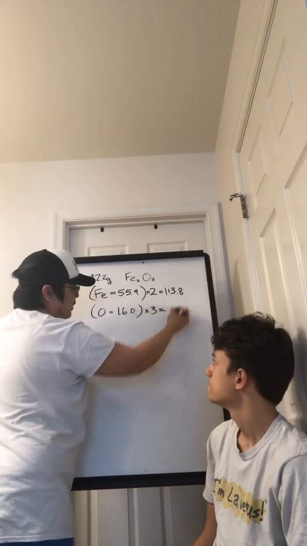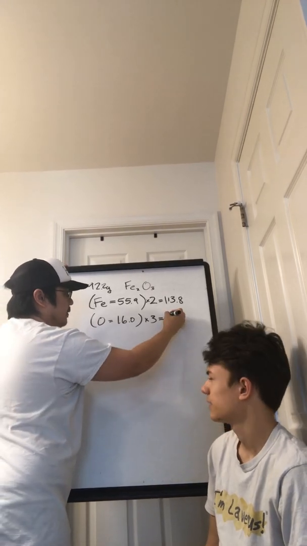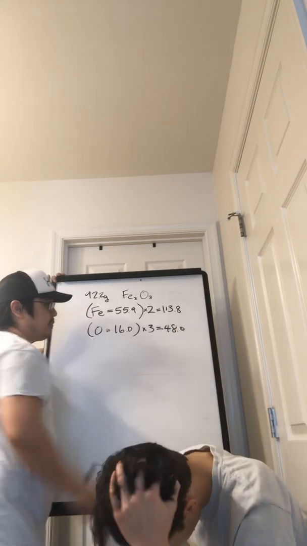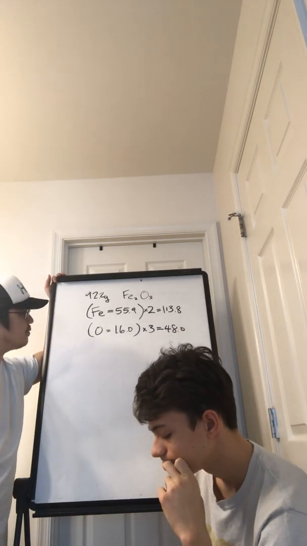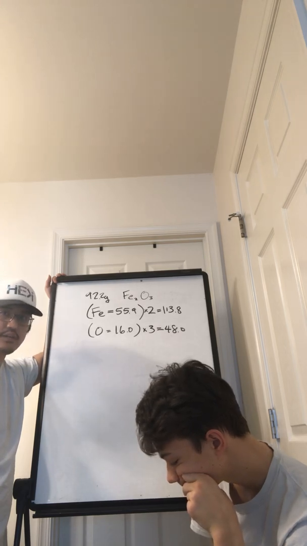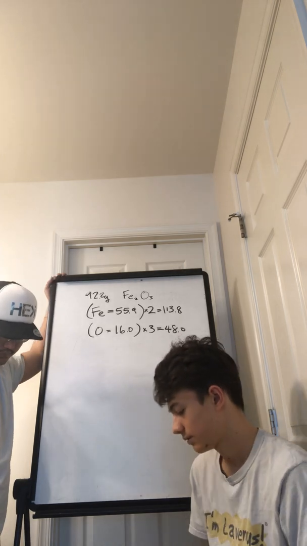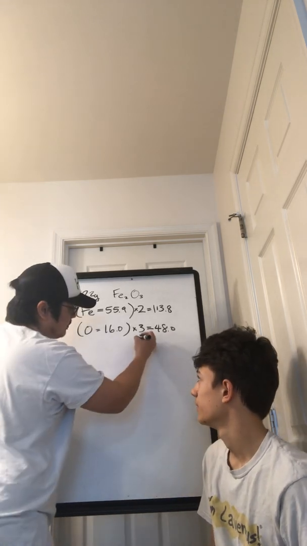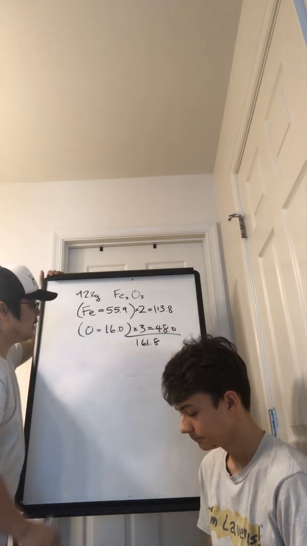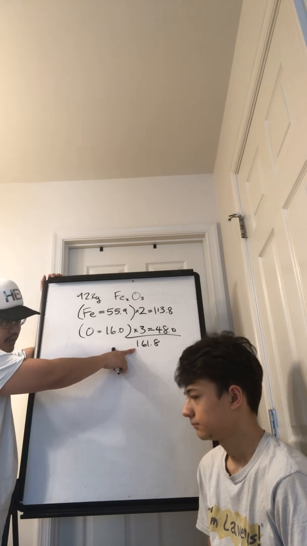And then what is 16 times 3? 48. I can do 48.0. Okay, so add those together. 113.8 plus 48, and you get 161.8. Cool.